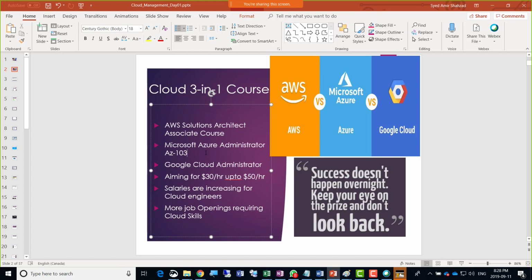But yes, I can add here 5 or 6 more certifications, but then this will be a total mixed soup of pretty much everything, and you won't get anything actually out of that. So let's concentrate on what was the success for other students, and then still many students are appreciating that yes, this is what they want to take. So we're going to concentrate on Azure Administrator 103, but after that you will be able to do Architect exam yourself very easily.